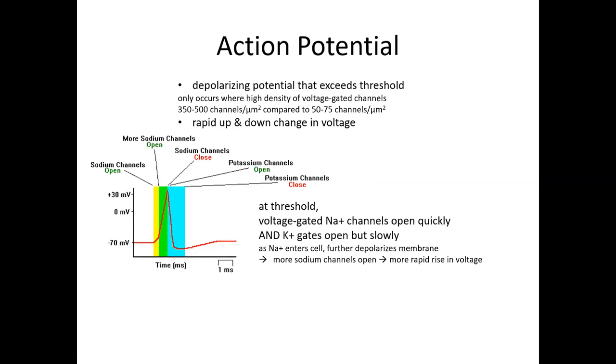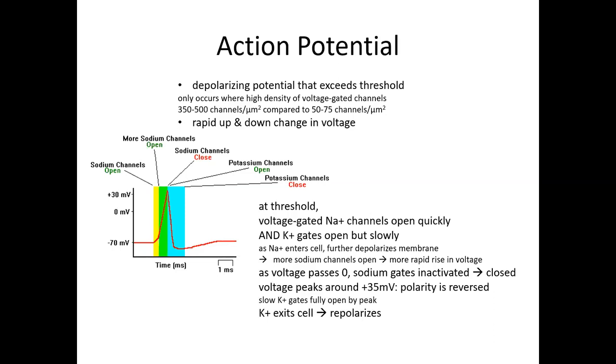So when the sodium enters the cell, that's going to further depolarize the membrane. Once it gets to 0, that inactivates the sodium gates and they're going to start slamming shut. Now, it's not instantaneous, which means it's going to overshoot and peak somewhere around 30 or 35 millivolts in the positive range before the polarity gets reversed.